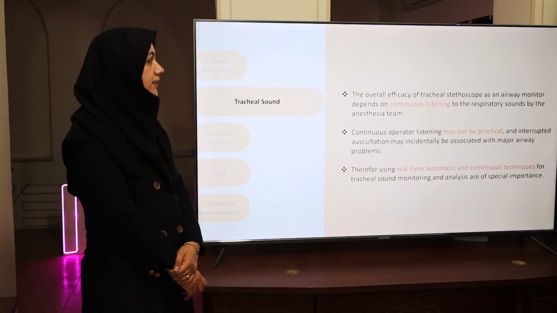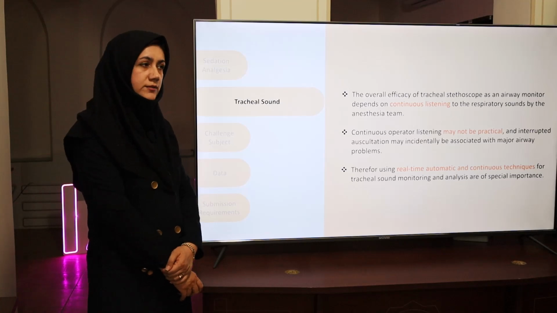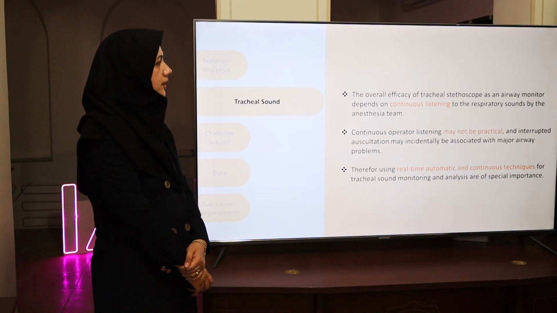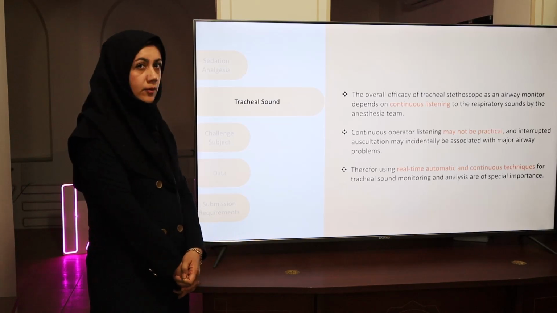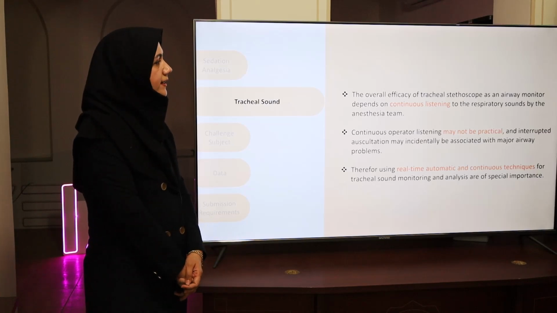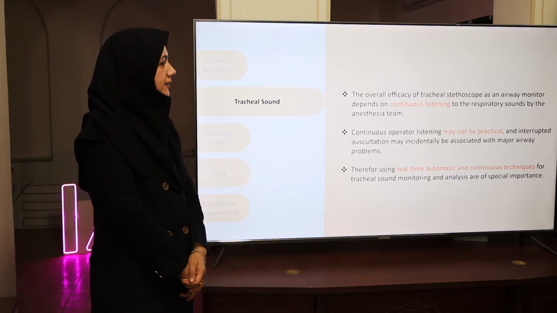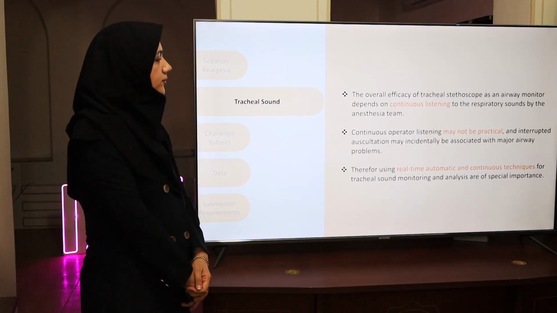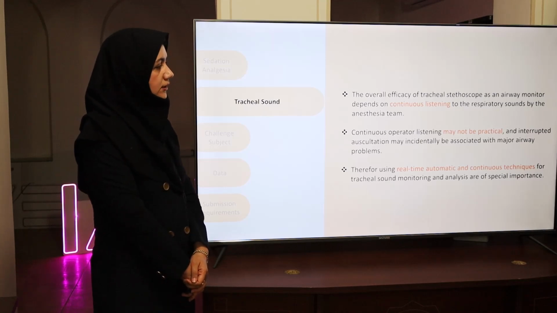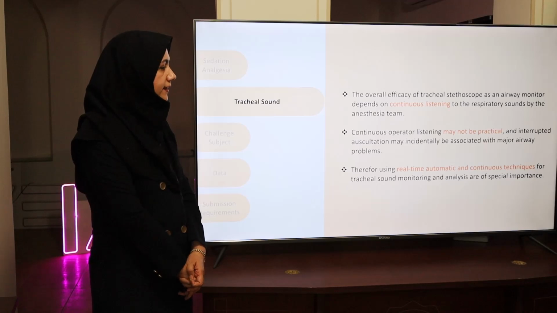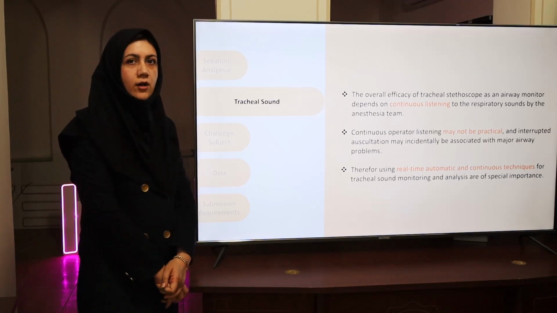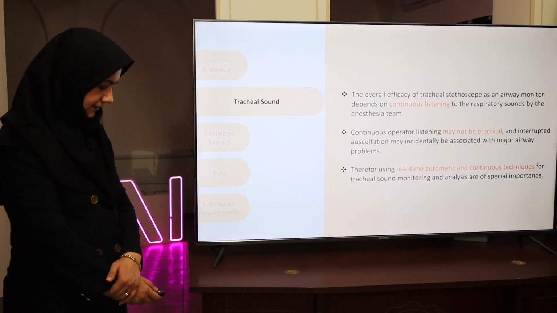But the efficacy of these methods very much depends on the operator, the continuous listening of the operator, and this might not be practical. Therefore, real-time automatic and continuous techniques for tracheal sound monitoring and analysis are of special importance.